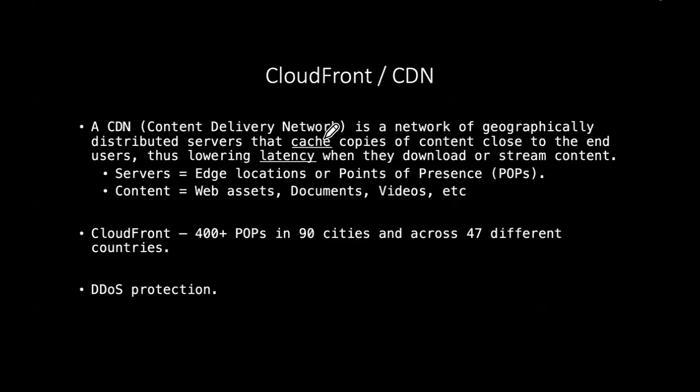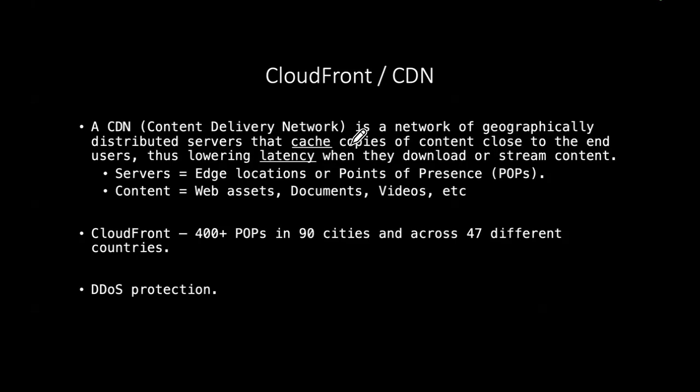Now, in our case, the content they would be caching would be the pages of our website, which in our case is just one index.html, but it would also cache the JavaScript and CSS bundle files, caches them locally.